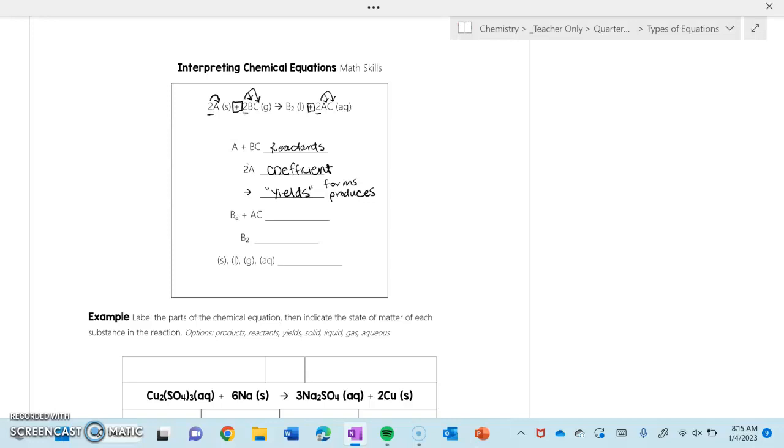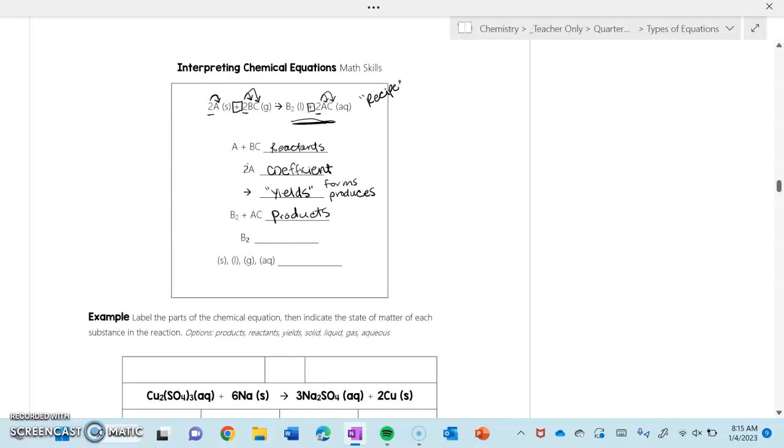Afterward, this is what is produced, and it's just telling you there's another substance. Just like we had A plus BC on the left side, now we've got B2 plus AC. These are our products. Now notice, when I'm writing the reactants and the products, I am not including coefficients, because the coefficients are just telling me how many of each, kind of like a recipe.